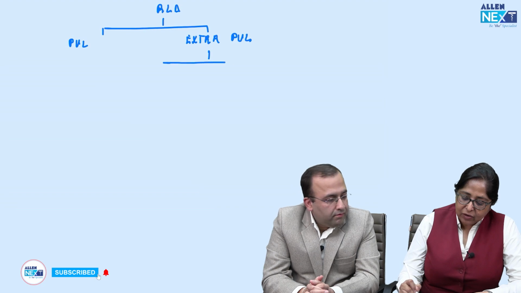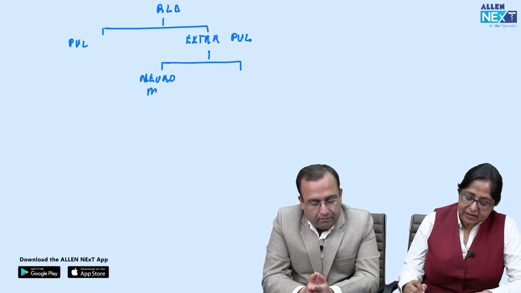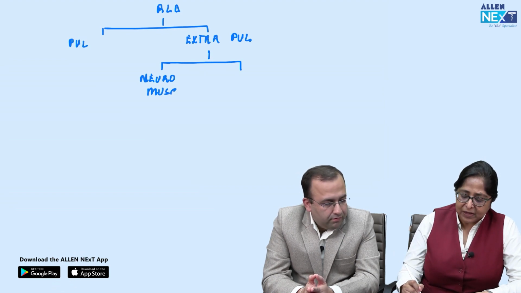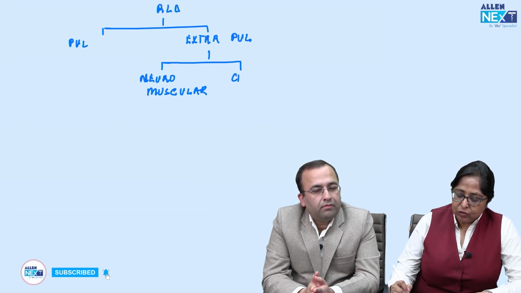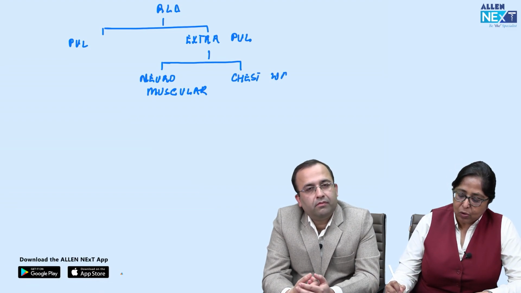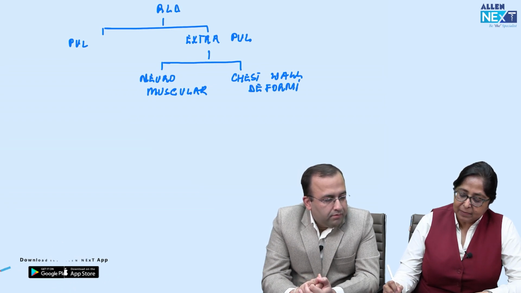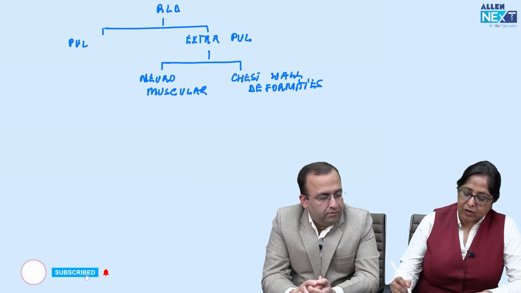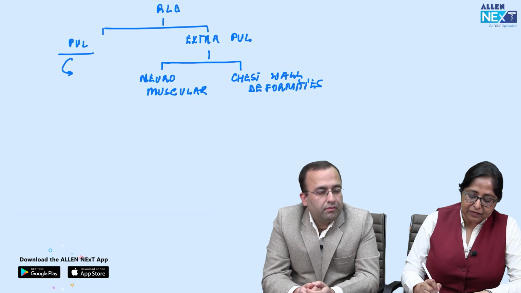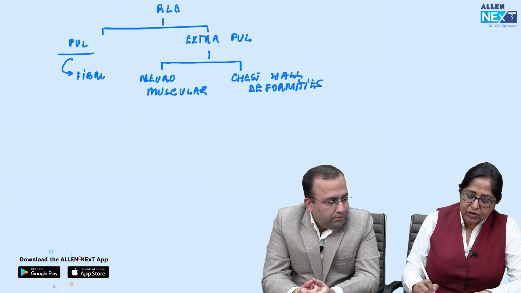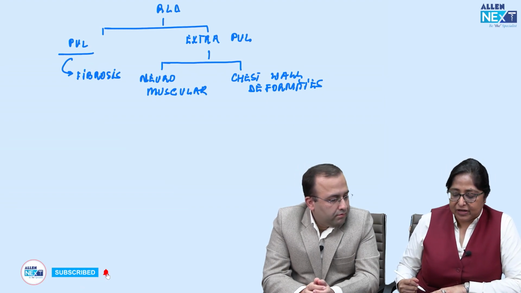Extrapulmonary causes include neuromuscular problems like Guillain-Barré syndrome or phrenic nerve palsy, or chest wall deformities like kyphosis, scoliosis, etc. So these are your extraparenchymal causes. Pulmonary or parenchymal causes like pulmonary fibrosis, pneumoconiosis or asbestosis all come under parenchymal causes.